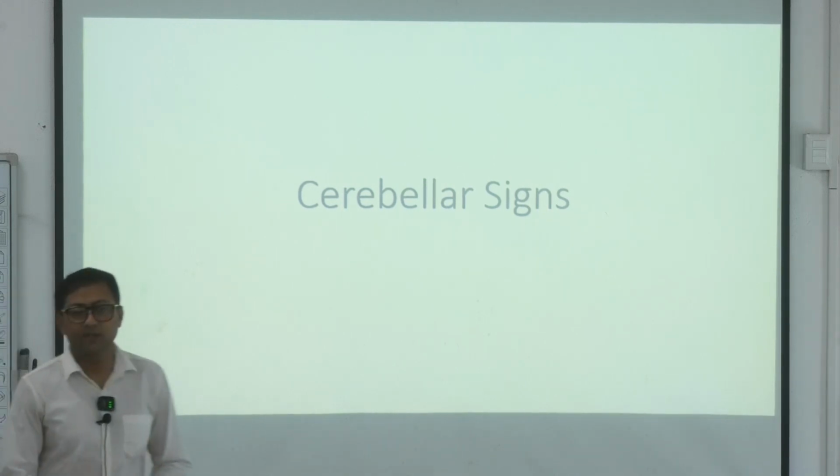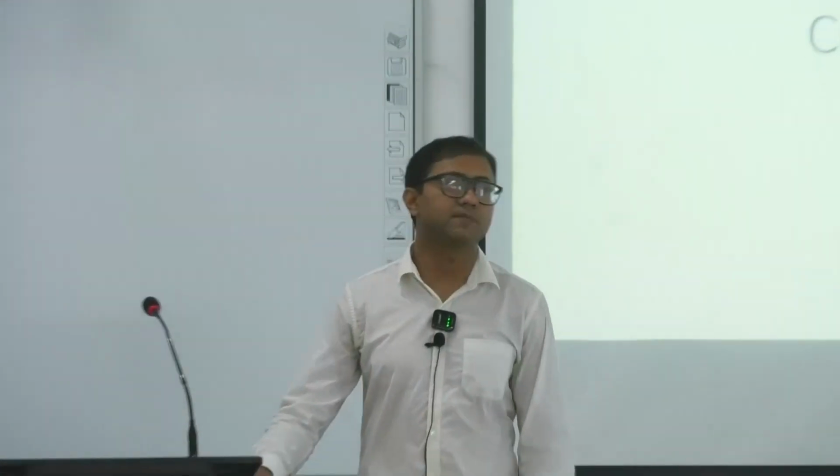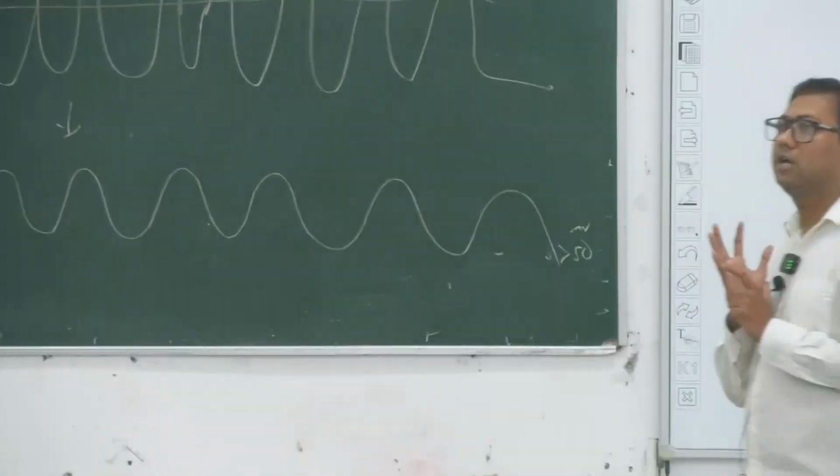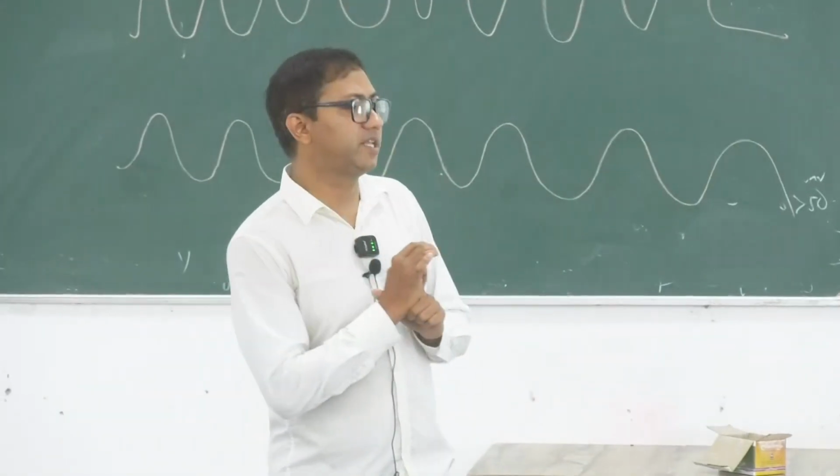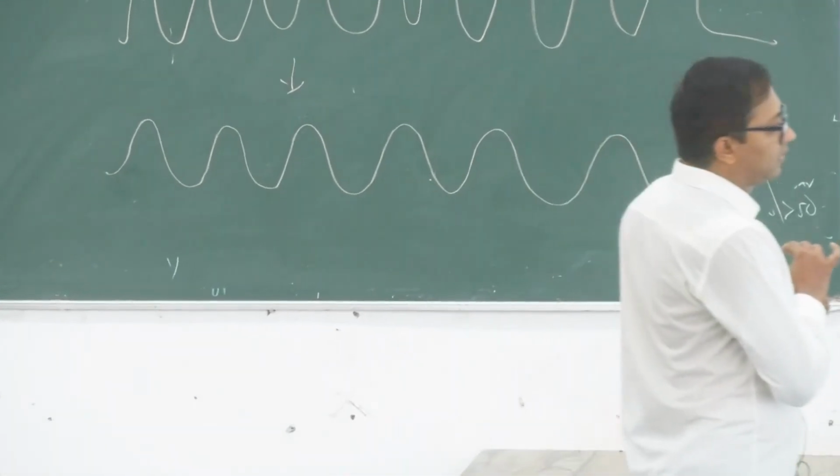So your question is what are the questions that may come from cerebellum, what are cerebellar signs, okay, what are cerebellar signs or what are the signs in a patient of cerebellar disease, okay, first question. Next question is functional anatomy of cerebellum and functional subdivision of cerebellum, okay.